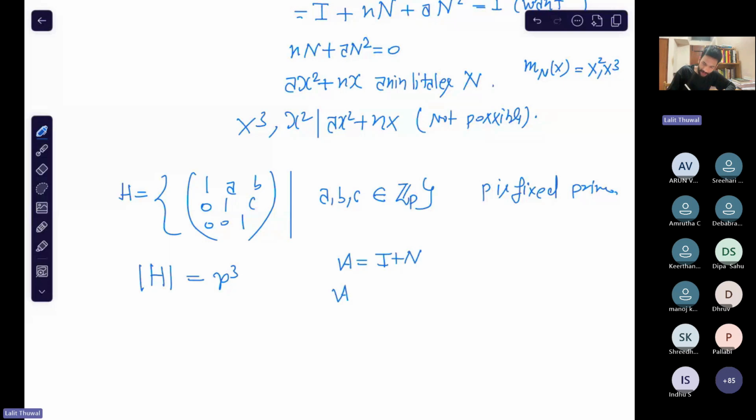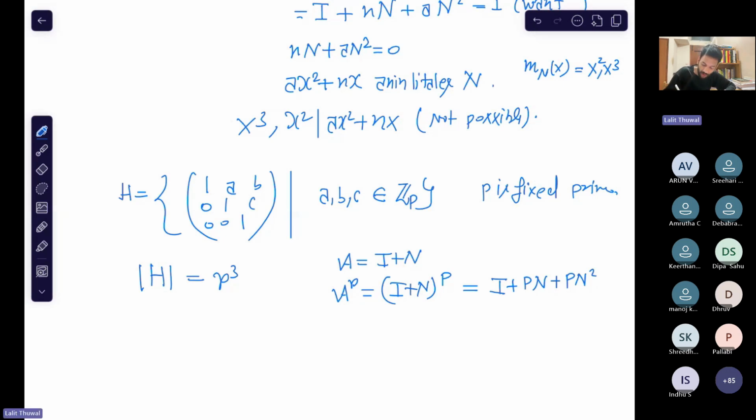So just check what happens if we find the power P of A. By the binomial theorem, we get PC1 times n, and PC2 times n square.